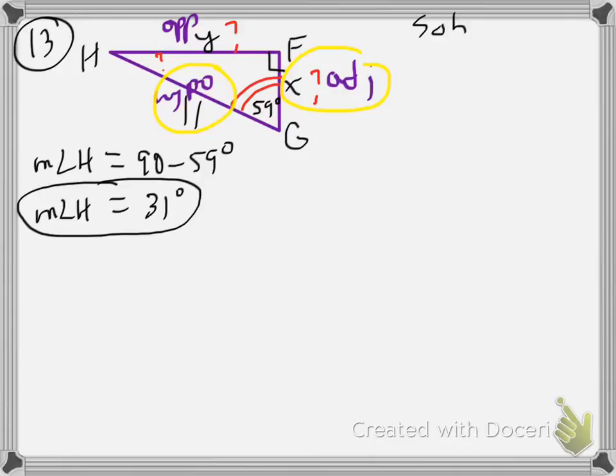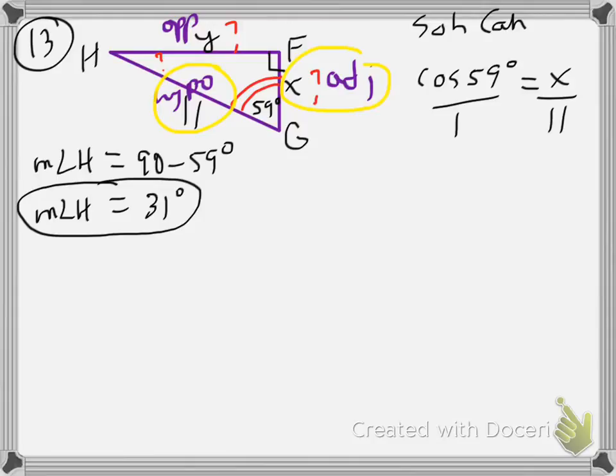Is that sine? Opposite over hypotenuse. No, I want adjacent and hypotenuse. So I'm going to use cosine. The cosine of 59 degrees is the adjacent, which is x, over the hypotenuse, which is 11.